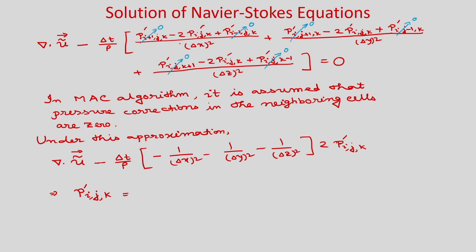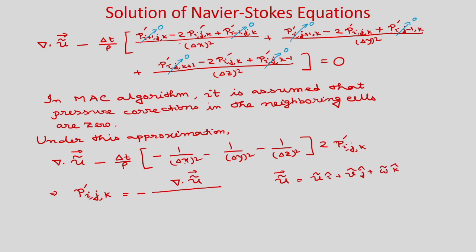So, you see minus minus plus, and if you take it to the other side, then it will become minus divergence of u tilde vector, where u tilde vector will be u tilde i plus v tilde j plus w tilde k.